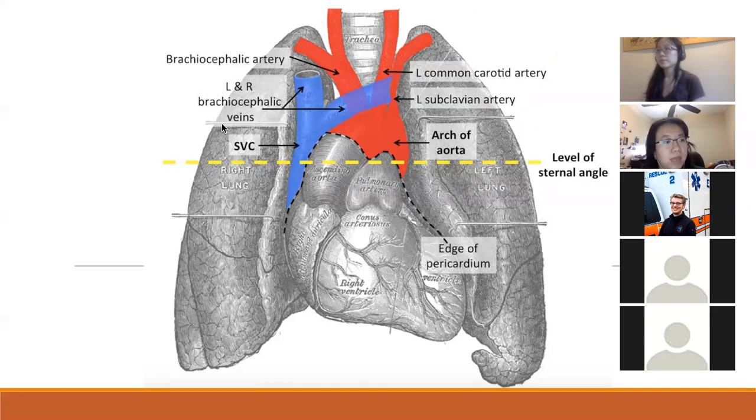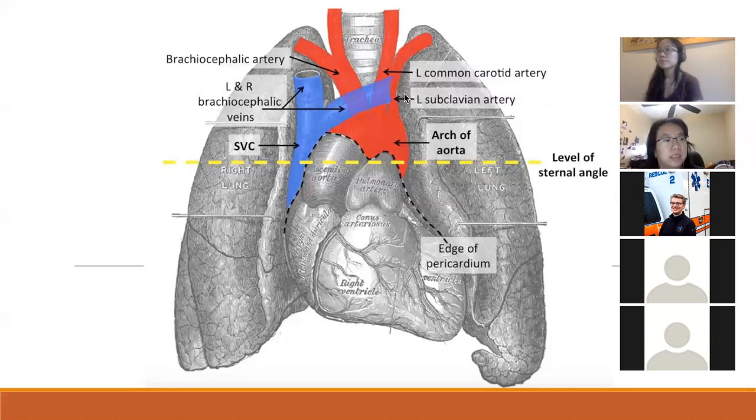So from the aorta, you have two parts: the ascending aorta as well as the descending aorta. The ascending part branches out into the left and right coronary arteries, which supply blood to the heart.